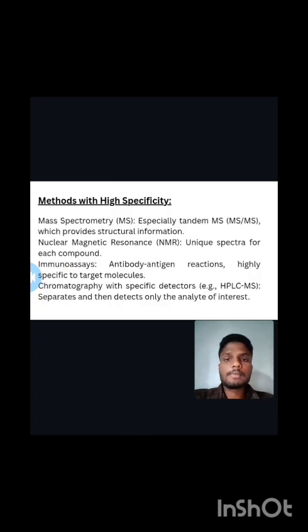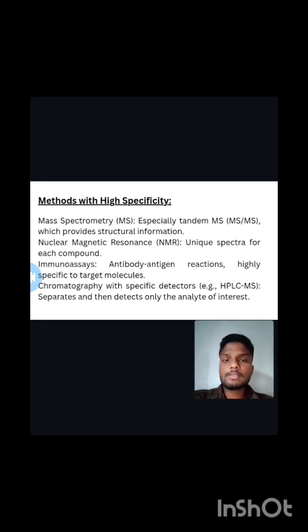The next one is methods with high specificity: mass spectroscopy, nuclear magnetic resonance, immunoassay, and chromatography with specific detectors. First one is mass spectroscopy, especially tandem, which provides structural information.